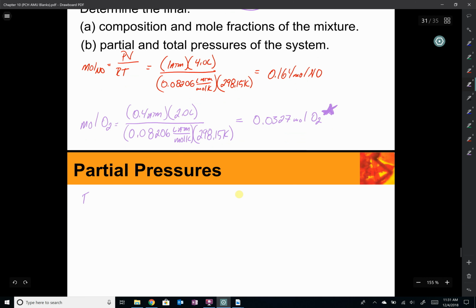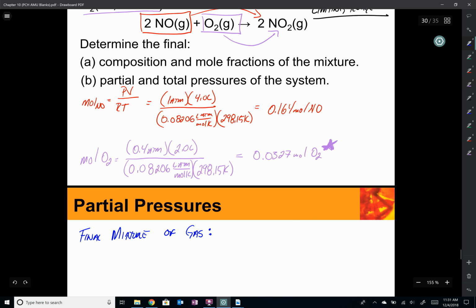So in our final mixture of our gases, let me change colors here, is going to be everything that's left over. It's going to be a mixture of NO plus NO2.